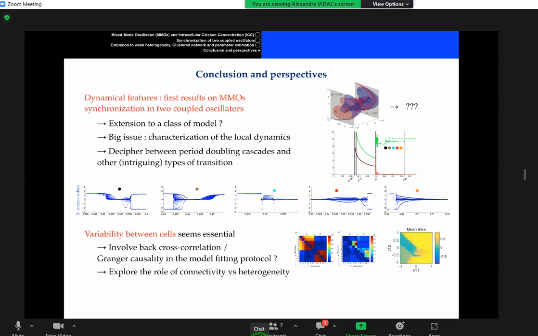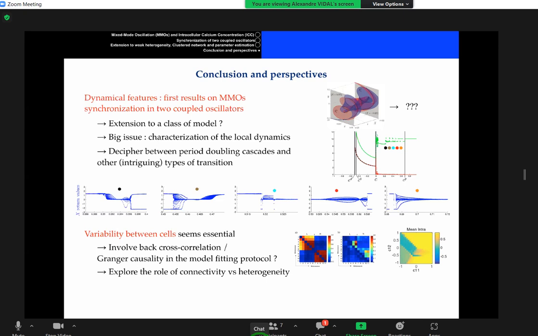And even if our model is able to reproduce quite well the qualitative results obtained in the experimental data, we would like to involve cross-correlation or Granger causality in the model fitting protocols, so that we know exactly what the quantitative features of each neuron are, and that we are able to reproduce exactly the experimental data, at least for the zebrafish.